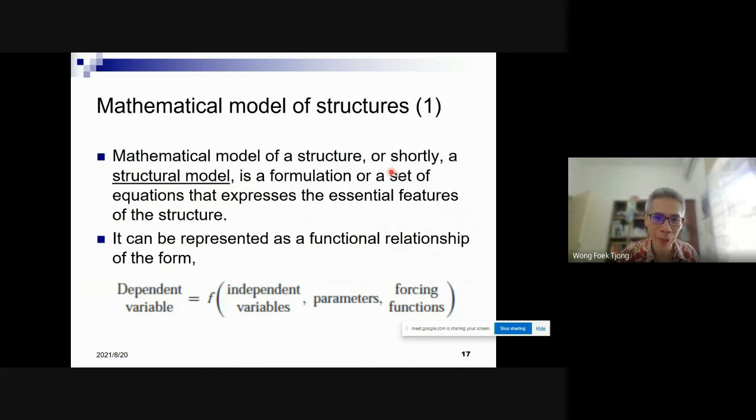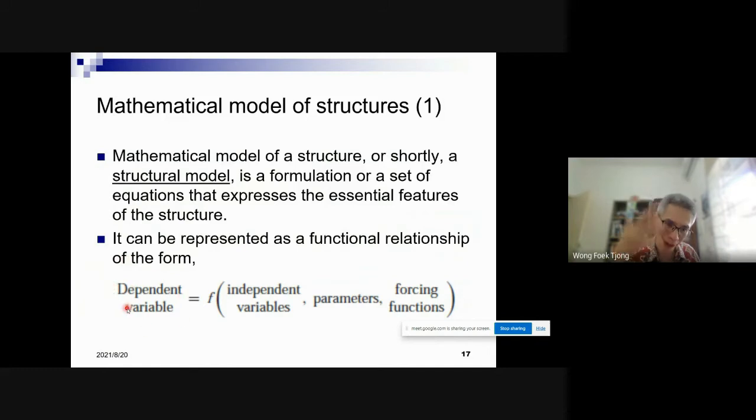The important thing is that these formulations express the essential features of the structure. So they express the behavior of the structures, or the process of how the structure deforms and so on. In general, a mathematical model can be represented as a functional relationship like this.